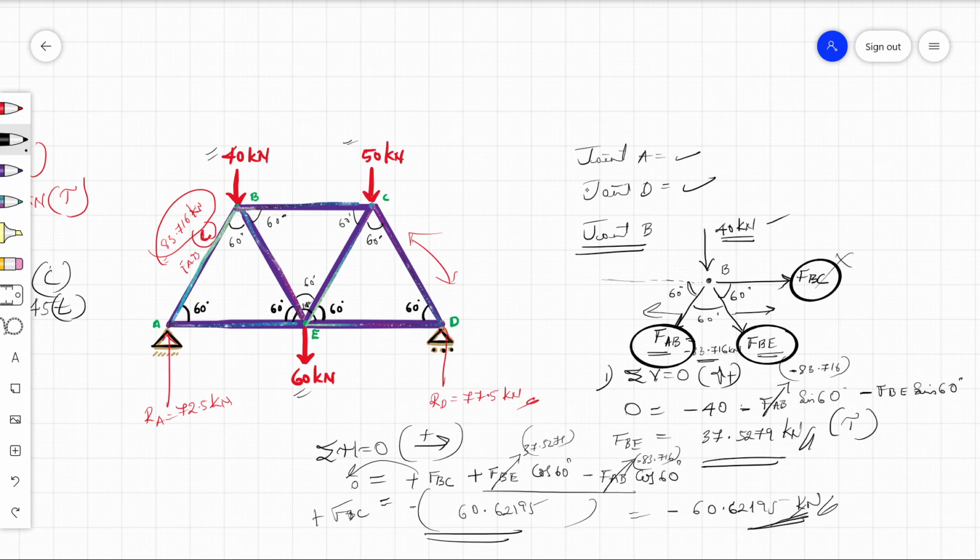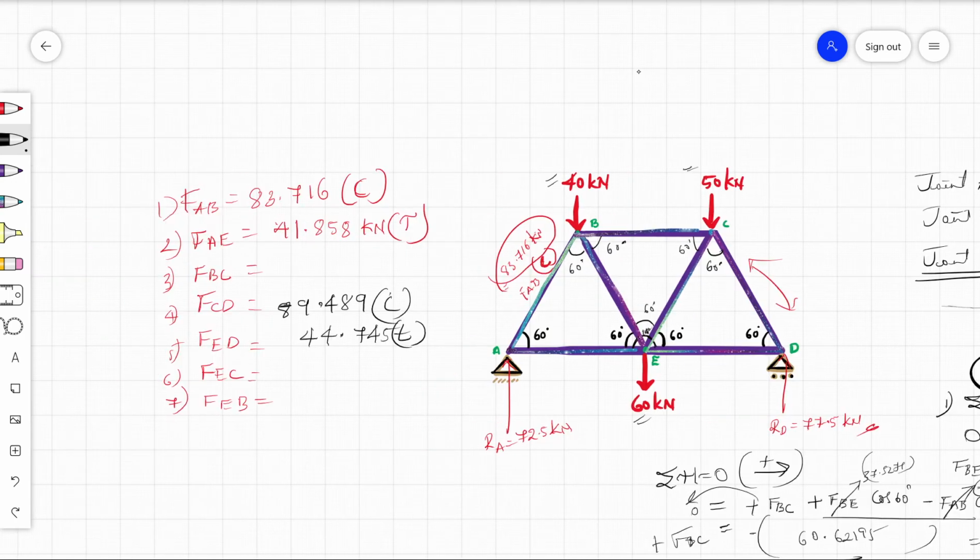So this is 60.62195 kilonewton, which is in the negative, which means it is in compression. So we got to know the value of FBC also now.